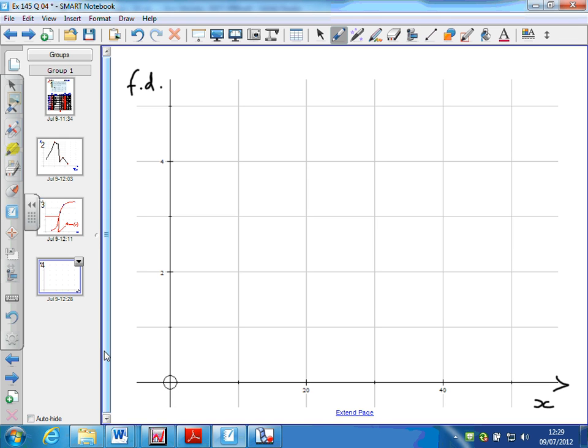So starting at 0, go up to 10.5, which is going to be around about here, and up to a height of 0.3. So 0.3 will be about here. So my first bar will be here.